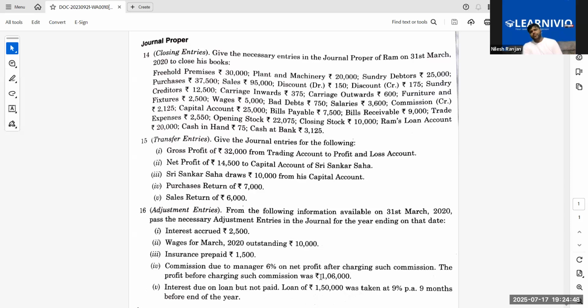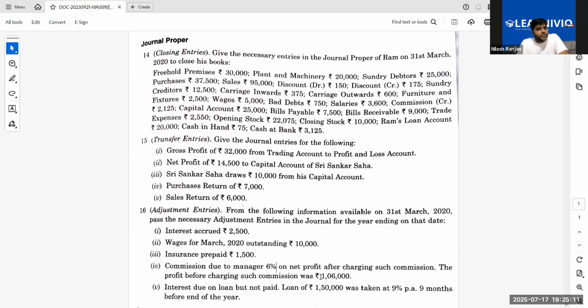Yes, generally in purchase return and sales return, these entries are written in the purchase return book or sales return book. So they are not written in the proper journal. Journal entry we have discussed, but it will not be recorded in the proper journal.